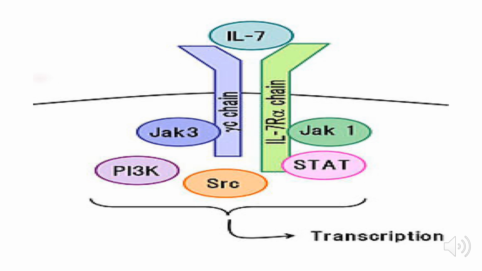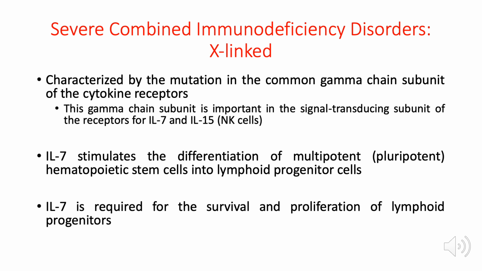Interleukin 7 and interleukin 15 share the same gamma chain subunit. Thus, there's also a problem with the response to interleukin 15, and that will now affect the production of the natural killer cells. The first condition under severe combined immunodeficiency disorder is the X-linked SCID.